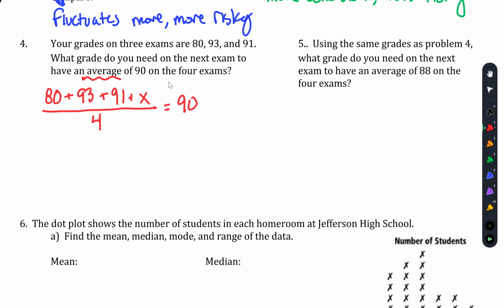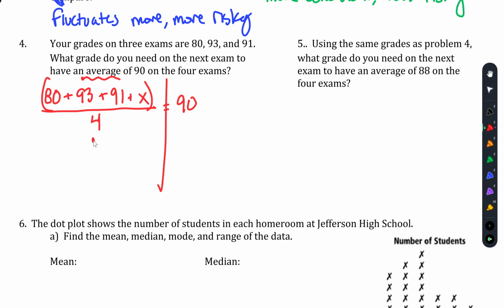So now we're going to solve. I cannot touch this thing in the top yet. 80 plus 93 plus 91 plus X. So I have to multiply by 4 first before I do anything else. 80 plus 93 plus 91 plus X equals 360.